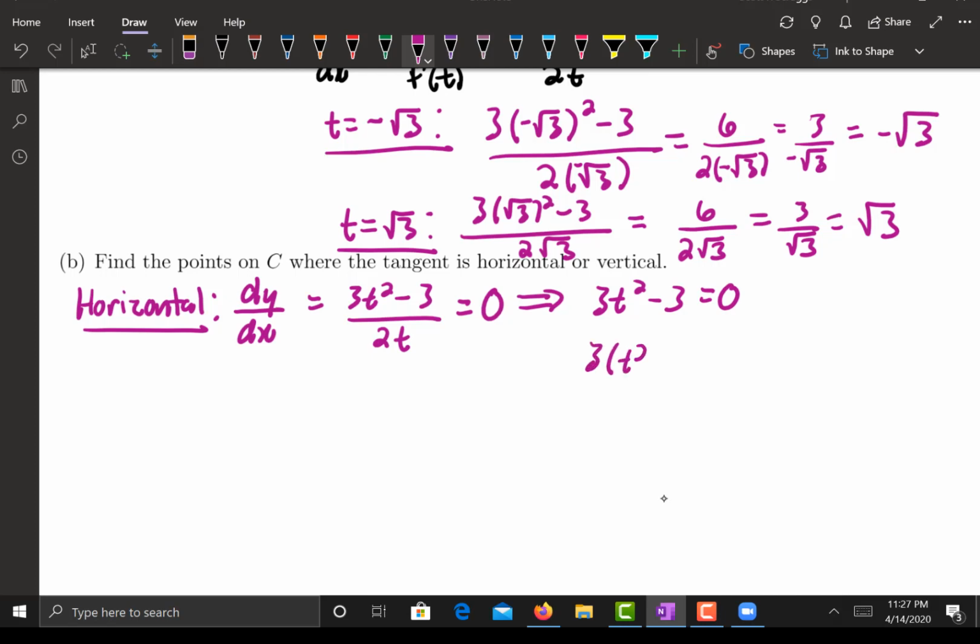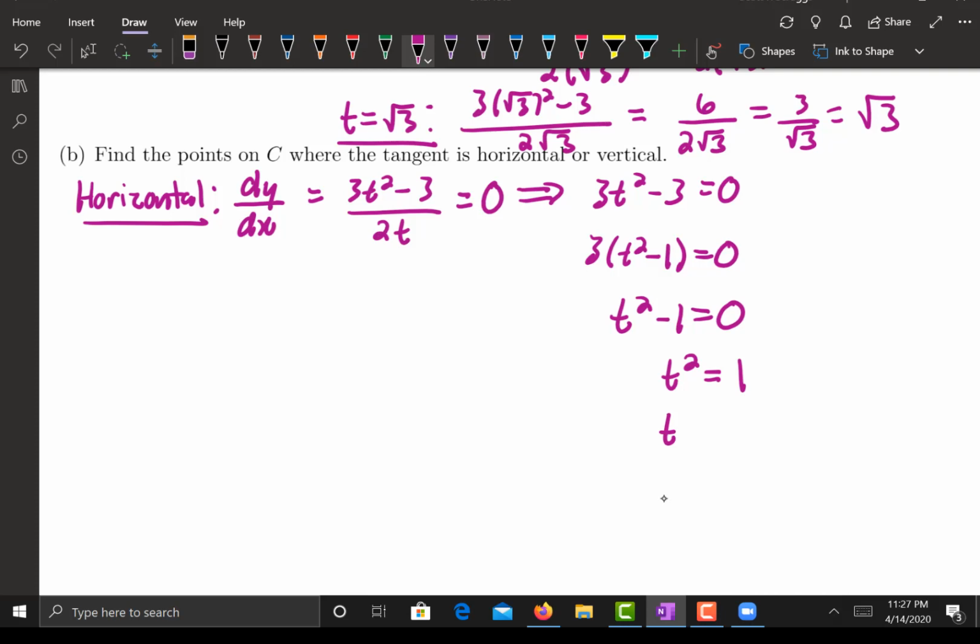That's going to be 3 times t squared minus 1 equals 0, which will be t squared minus 1 equals 0. Then I solve for t squared equals 1, which means that t would equal positive and negative 1. And so I'm going to plug that into my equations for x and y.